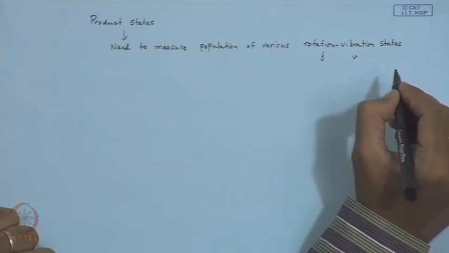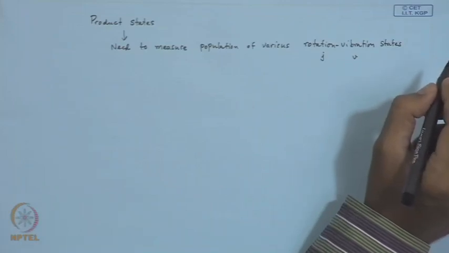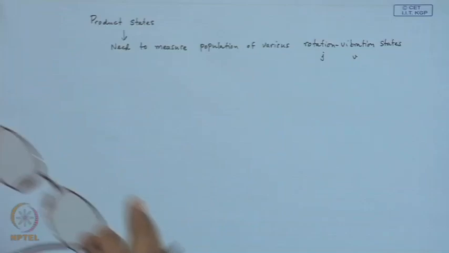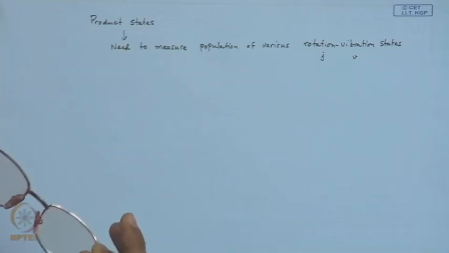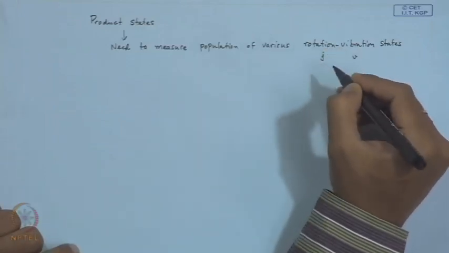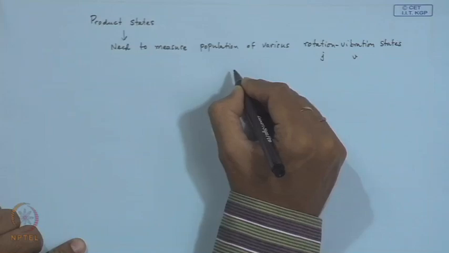This provides information on the state resolved cross section, meaning which states have more cross section than the others.